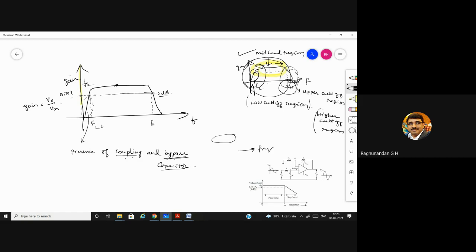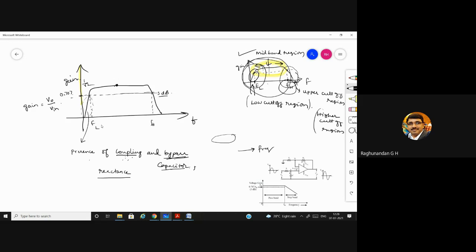And the bypass capacitor is the capacitor which you connect across the emitter terminal. Because of the presence of these coupling and bypass capacitors and also the junction capacitors, they are going to offer more reactance. So when they offer more reactance, the gain will be lesser. The gain cannot go maximum.